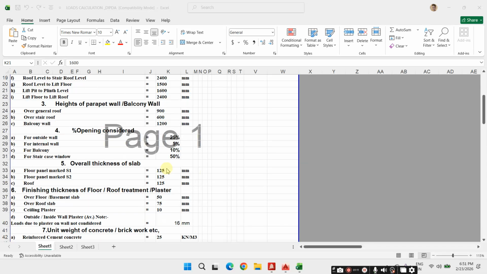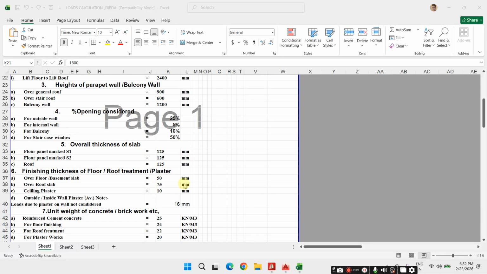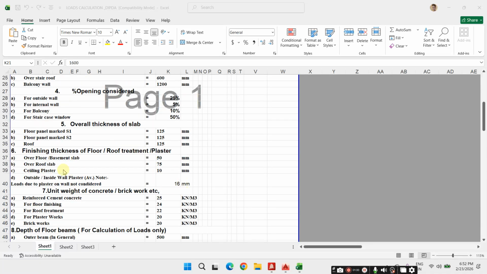And overall thickness of slab for panel marked S1, also S2, S3, S4 is 125 mm, and the roof also 125 mm.